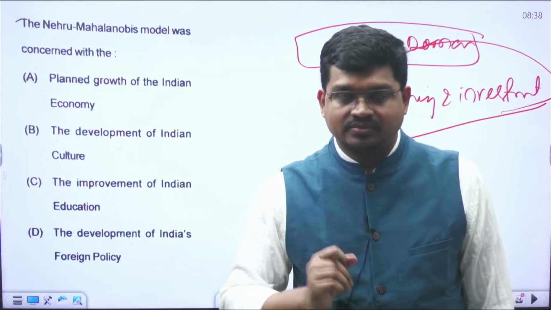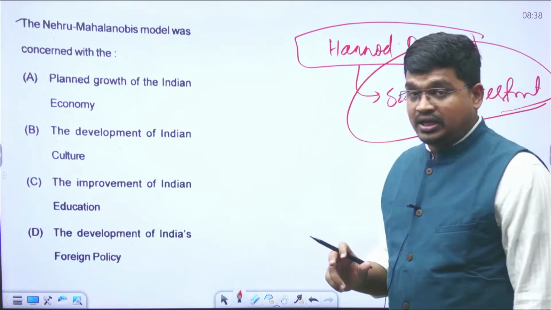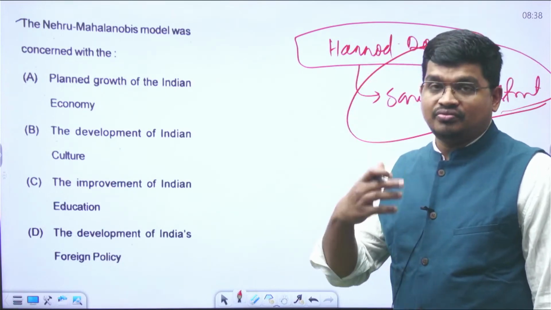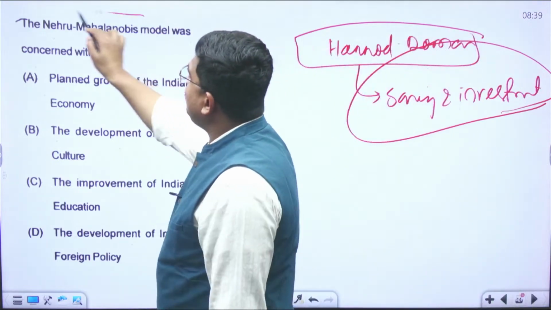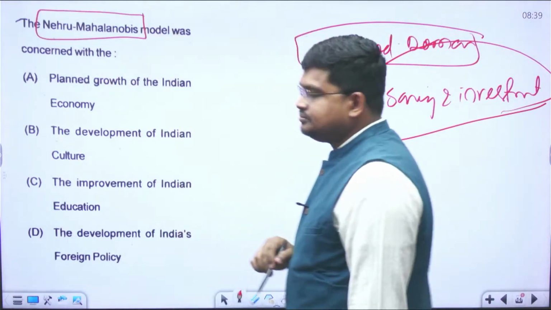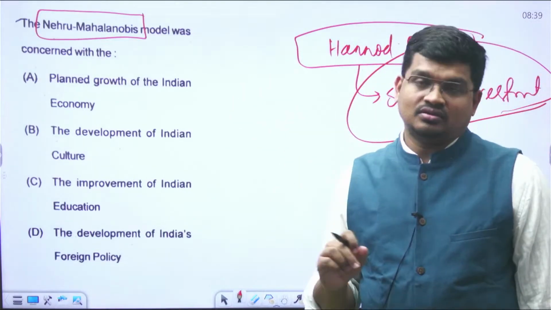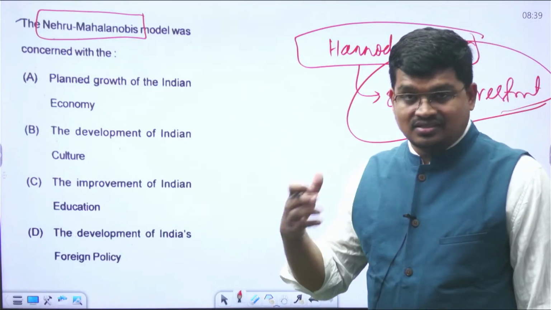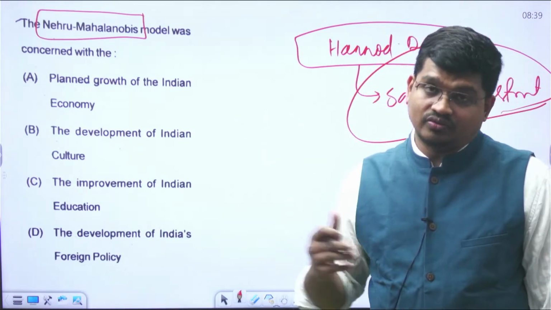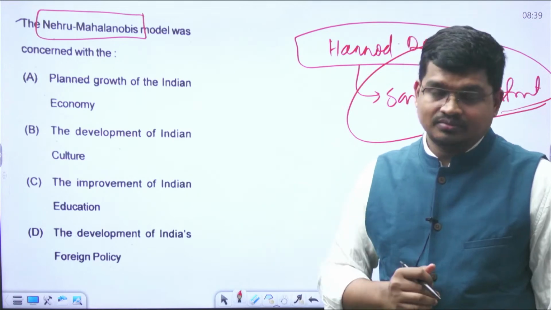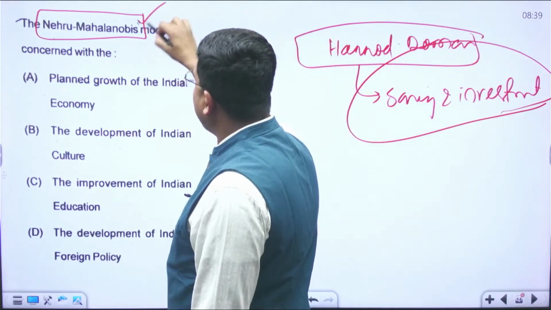The second five-year plan, from 56 onwards, is based on the model of Nehru and Mahalanobis: Jawaharlal Nehru, and Prasanta Chandra Mahalanobis, the statistician. So what is this model all about?